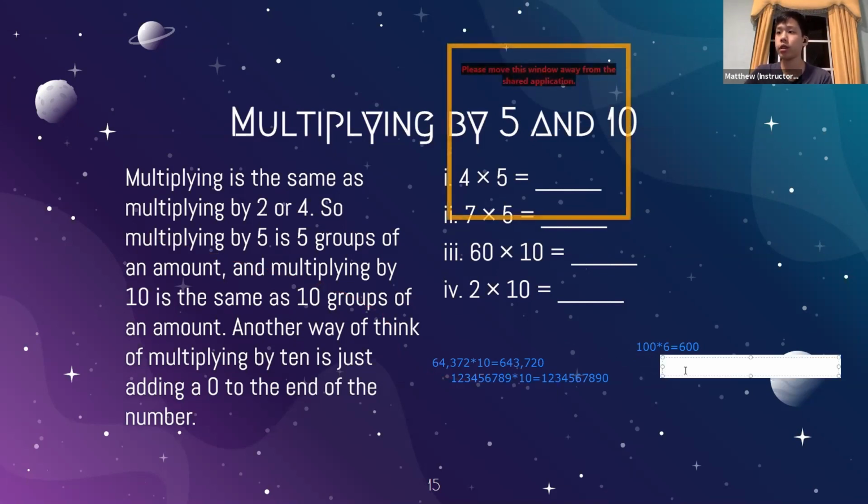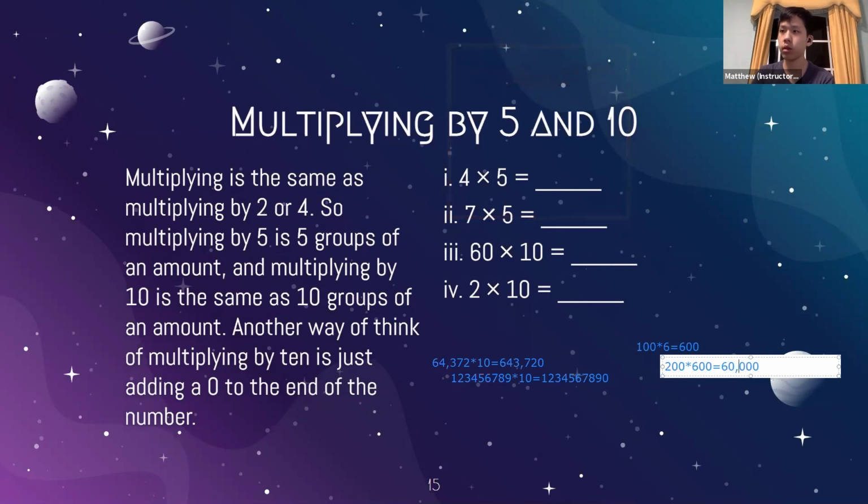But be careful, because this only works if the first digit is 1 and the rest of the digits that follow it are 0. Like if you put 200 times 600, that would not be 60,000.